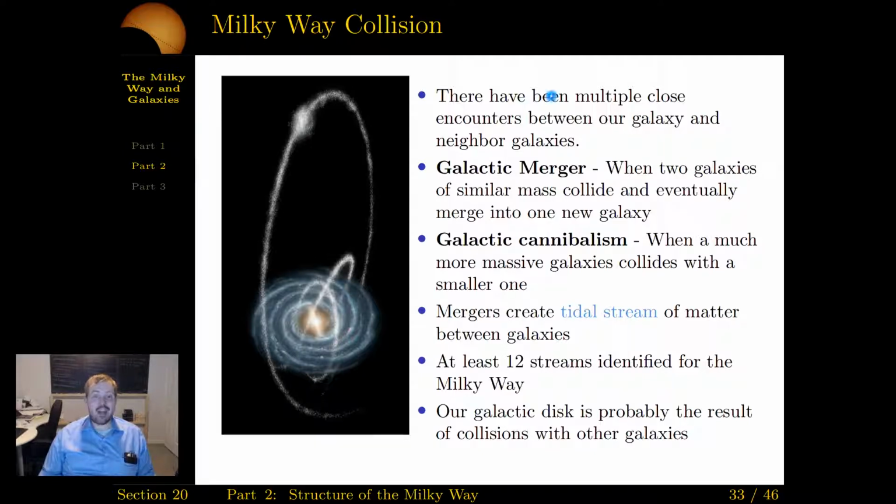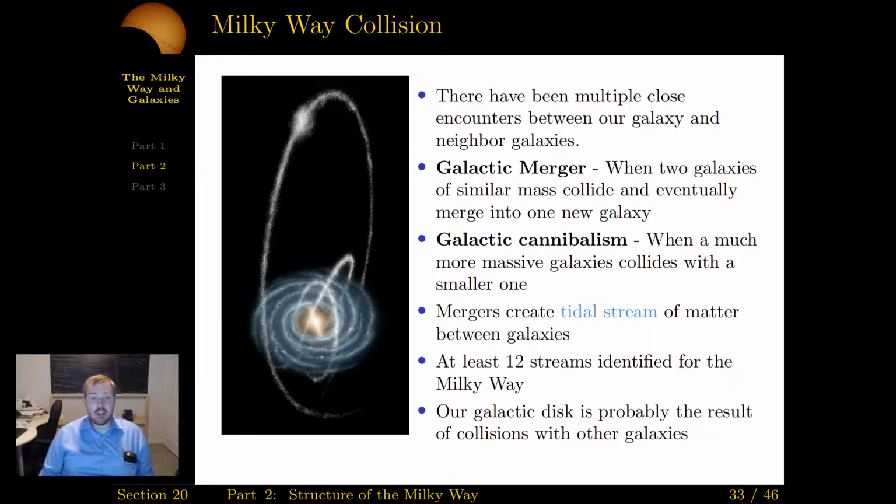And so if two galaxies get too close to each other, they'll eventually become gravitationally attracted and start merging together. We have two categories of this, but they do effectively mean the same thing. You could have a galactic merger, and that's when you have two galaxies that are roughly the same mass become gravitationally attracted to each other, and they'll start moving closer and closer until they finally collide and merge into one.